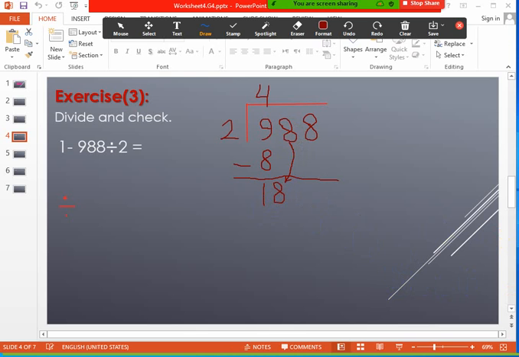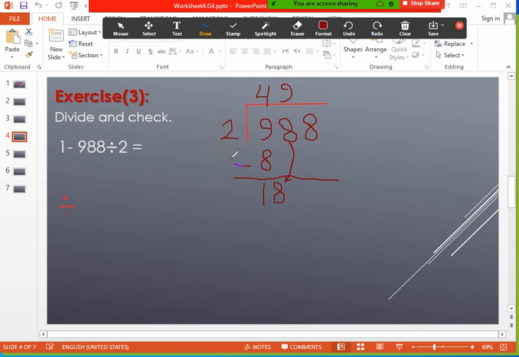Yes, I call you to help me to divide this number now. 18 divided by 2. There is a number. If I multiply it by 2, the answer will be 18. Right? Very good. So the number will be 9.